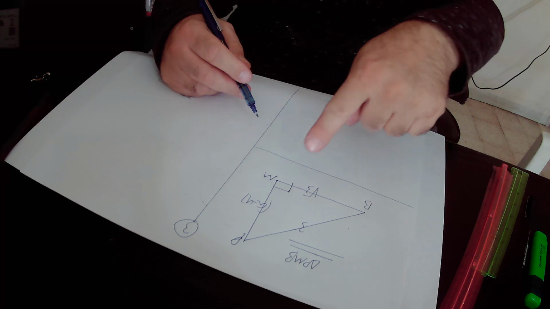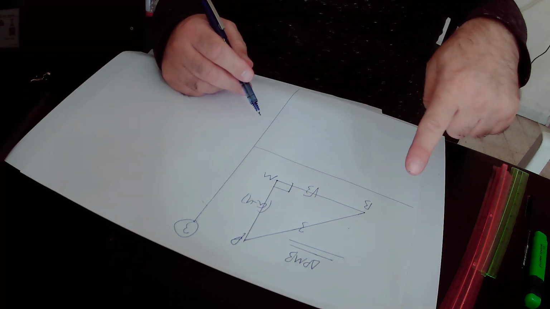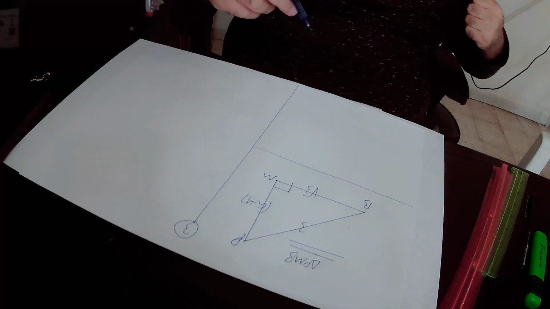Side PM equals A plus 1, BM equals the square root of 3 units, and the hypotenuse PB equals 3 units.